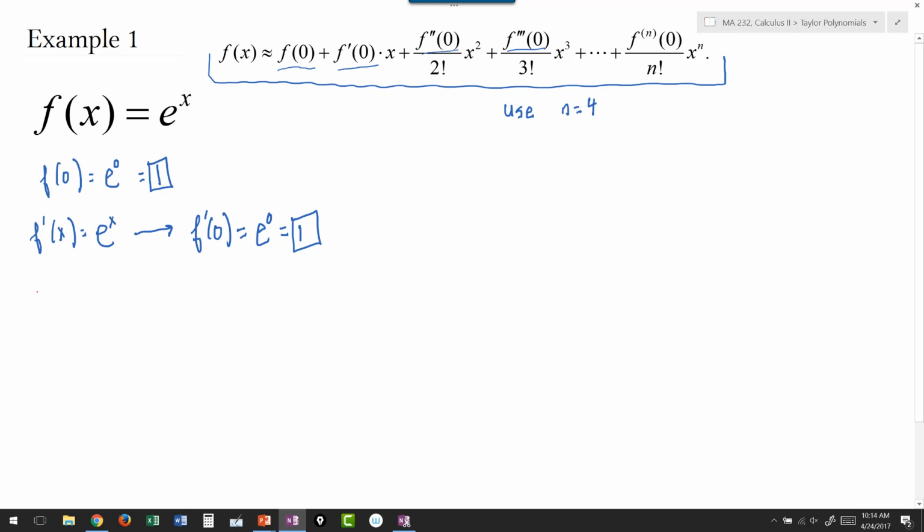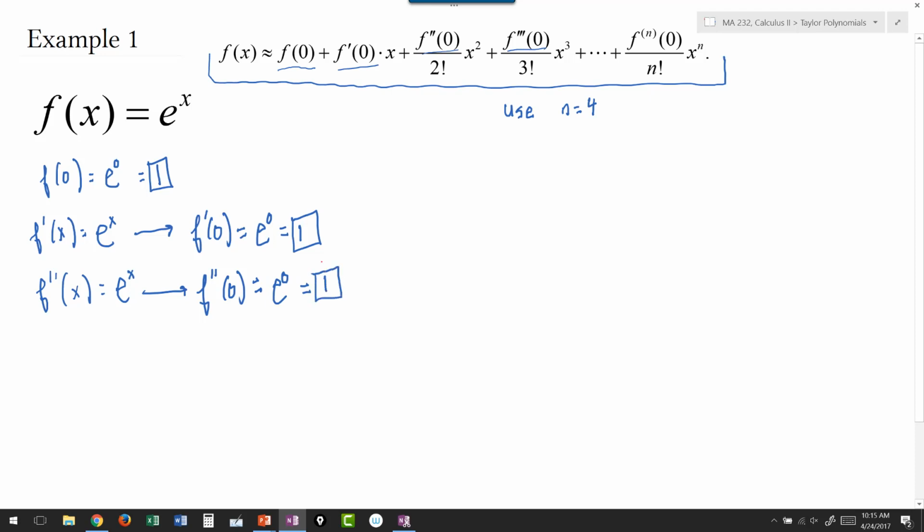In the formula now, I need f double prime of 0. So first I need f double prime of x. Once again, the derivative of e to the x is itself. So I get f double prime of 0 equals e to the 0, and that's also 1.